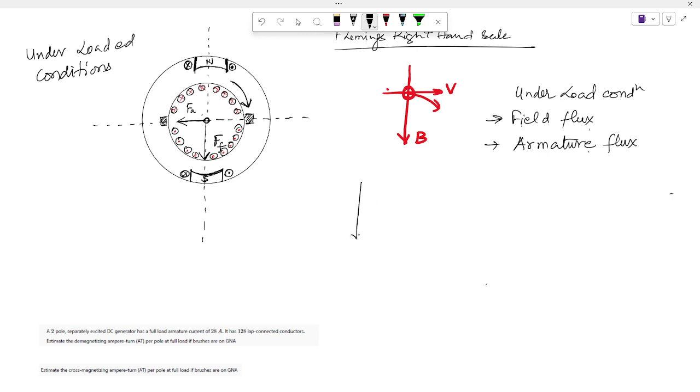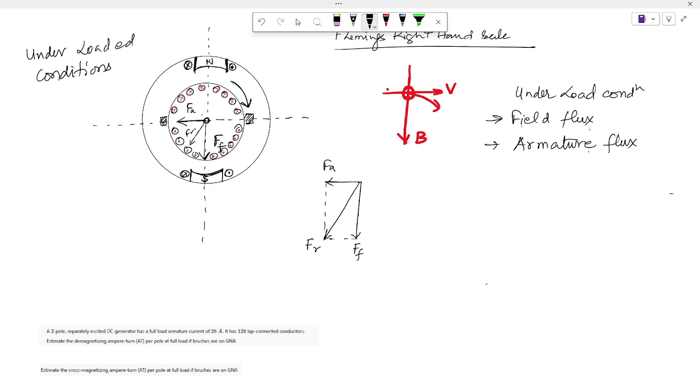This is field flux, this is armature flux. So the net flux will be the vector sum of these two fluxes. Let me call this Fr, the resultant flux. So our resultant flux will be like this. This will be Fr.